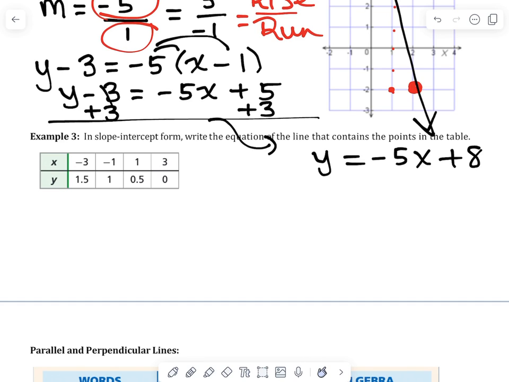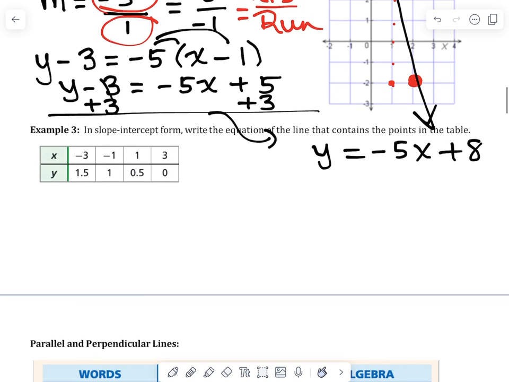Example 3 now gives us a list of ordered pairs, and we want to write the equation in slope-intercept form. So we need to find the slope. If you remember, slope is the change in y, so y sub 2 minus y sub 1 over x sub 2 minus x sub 1.